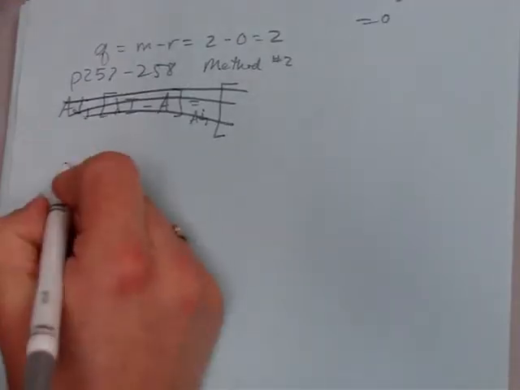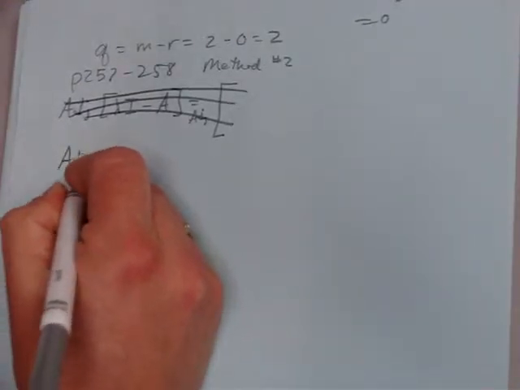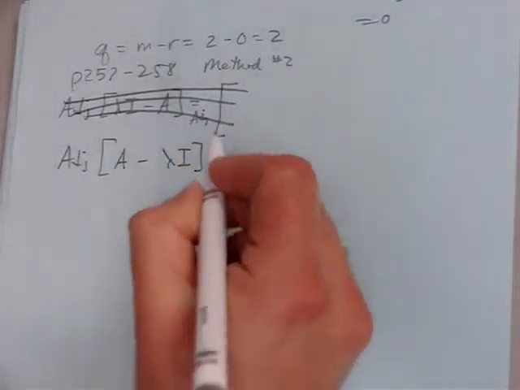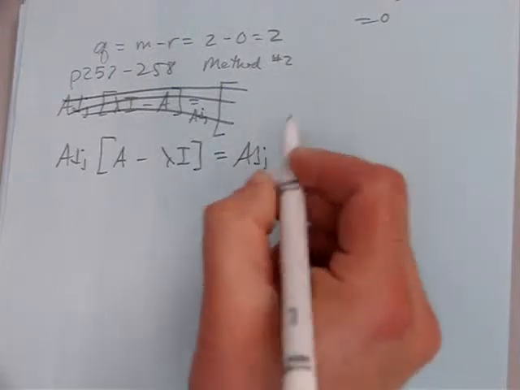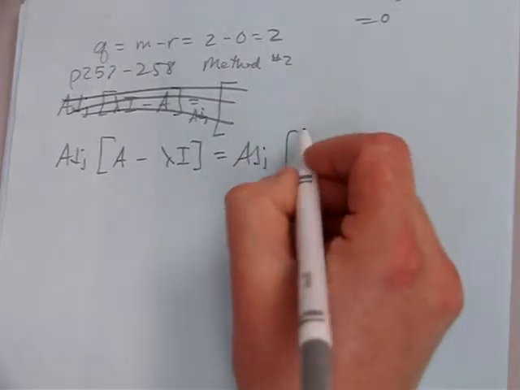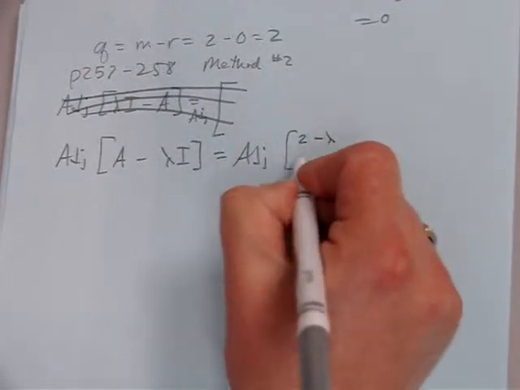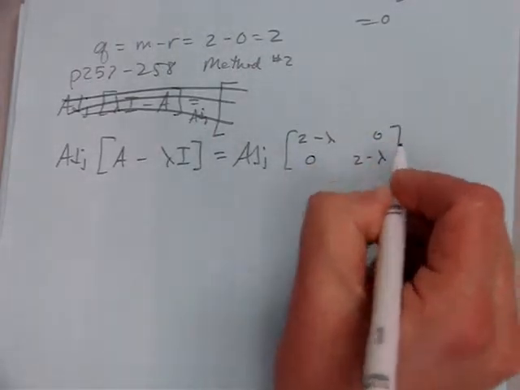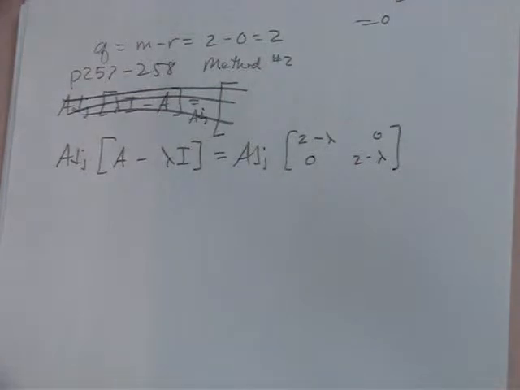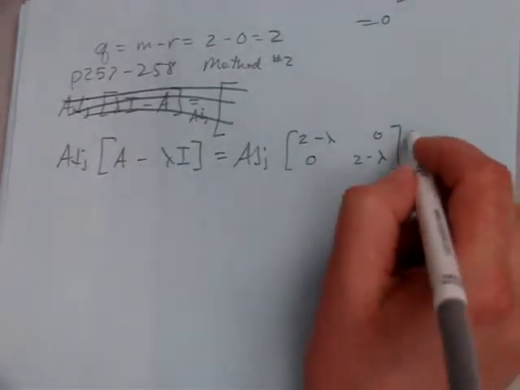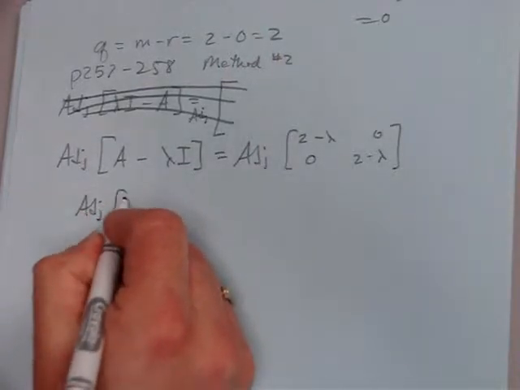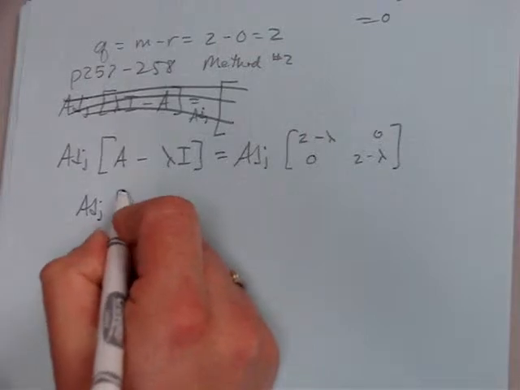For this method we want to look at the matrix adjoint of A minus lambda I, the adjoint of [2 minus lambda, 0; 0, 2 minus lambda]. For the first part of the method, it says to take this and evaluate it at the eigenvalue.